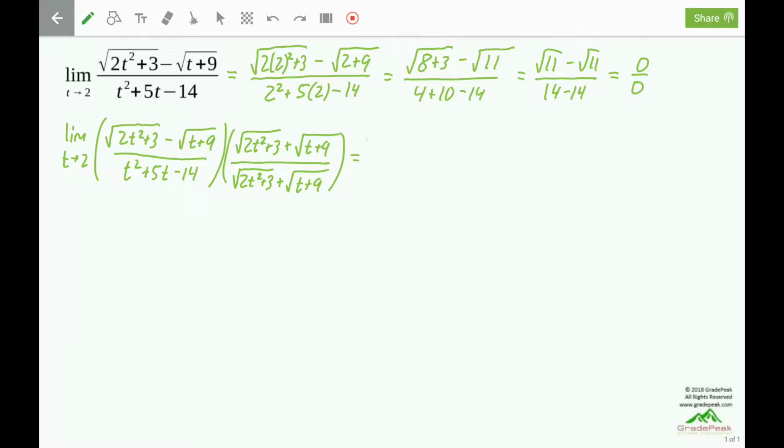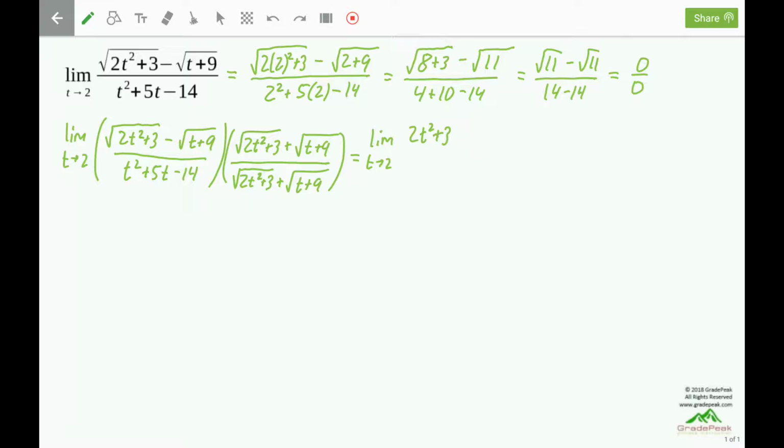And this will give us the limit as t goes to 2. In the numerator we have a conjugate pair. We're going to FOIL that out. First, root of 2t squared plus 3 times the root of 2t squared plus 3 gives you 2t squared plus 3.